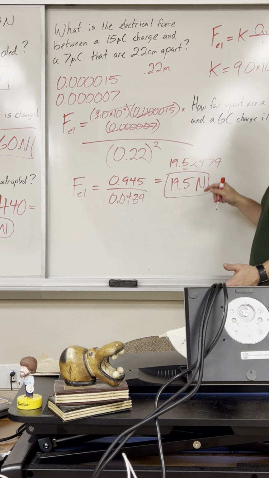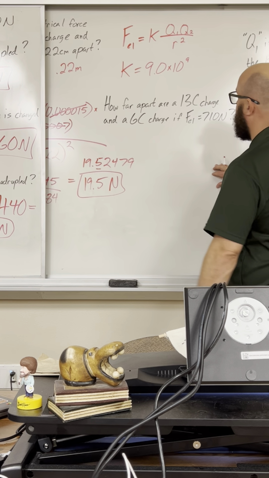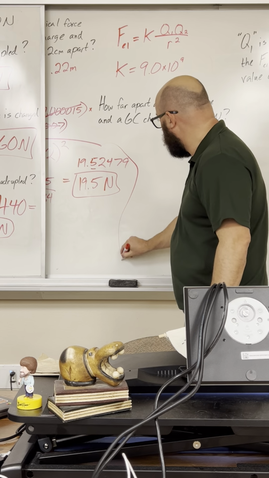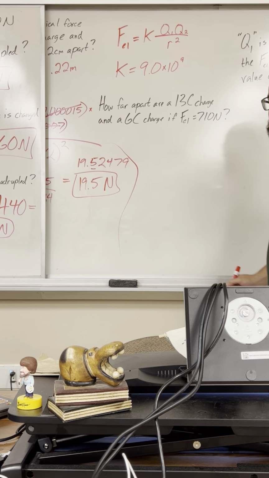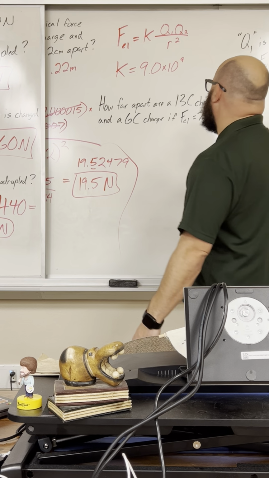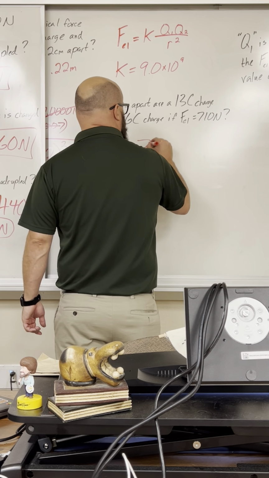So we're solving for R on this actual problem. Let's move it over just a little bit. Now I'm going to do my work over here so you can see it better. So first up, we want to write our equation. It tells us the electrical force is 710 newtons.